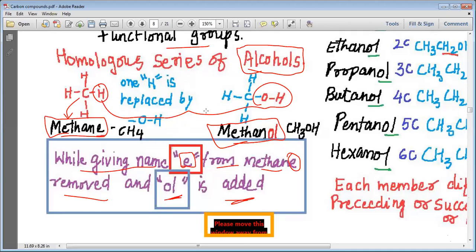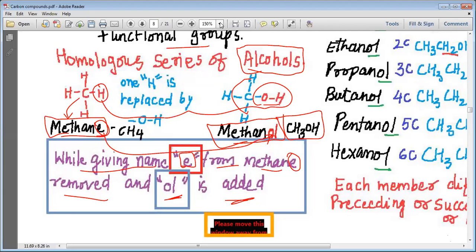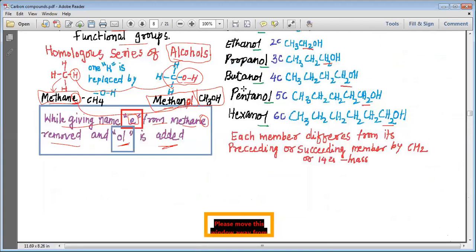So when the E is removed and we add "ol" instead, we get methanol, and this is CH3OH. Please understand, this C with 3 H, we make it CH3 and OH, and this is how the first member of the homologous series of alcohols is methanol.